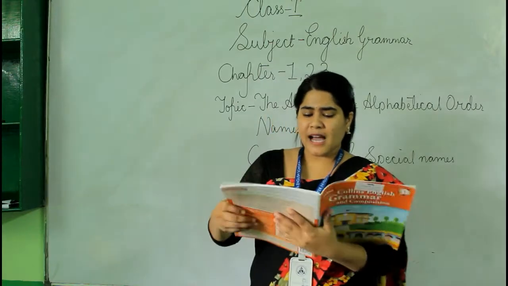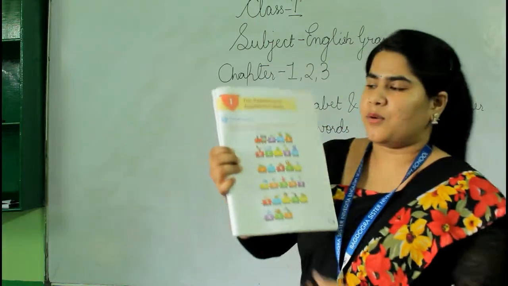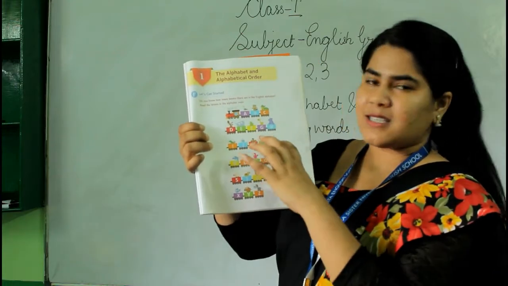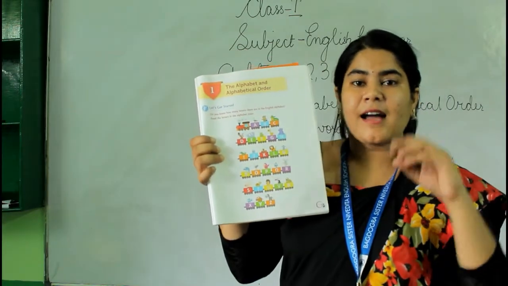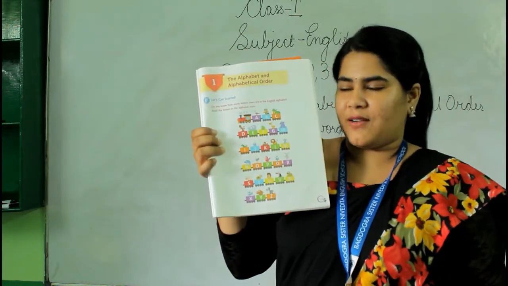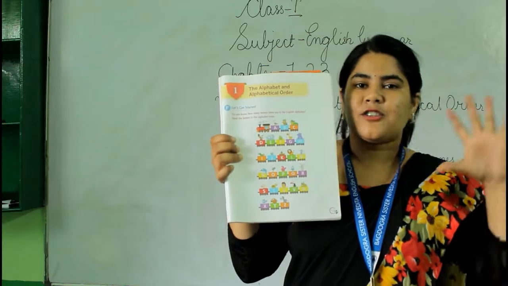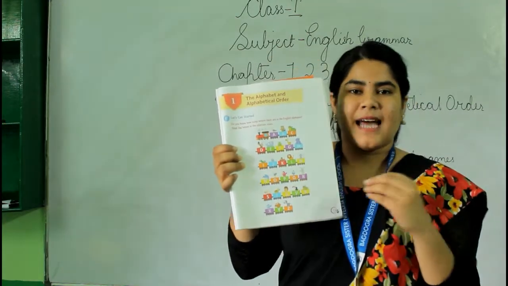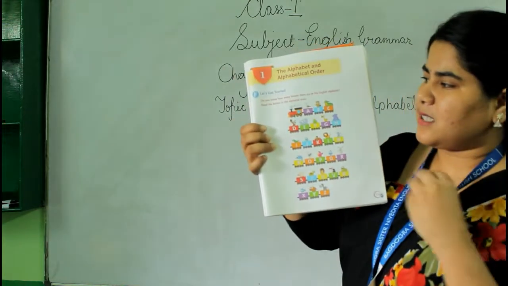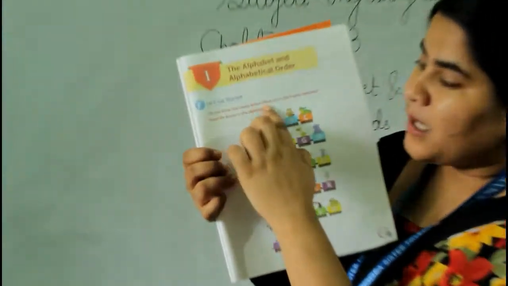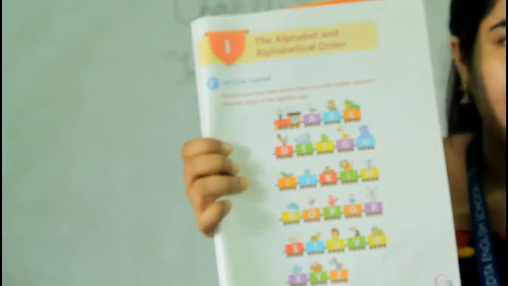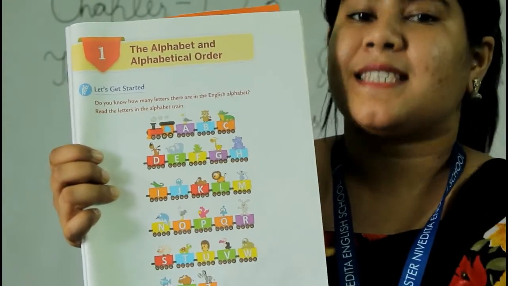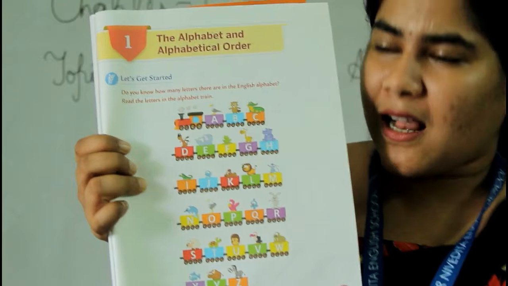Okay, now you can see here in your book. Let's get started. You can see over here what is this in the picture? It is an alphabet train, right? Here is a picture of a train. And what does this train consist? What does it have? It has alphabets. Just see, do you know how many letters are there in English alphabet? Just now I told you there are total 26 letters in English alphabet.